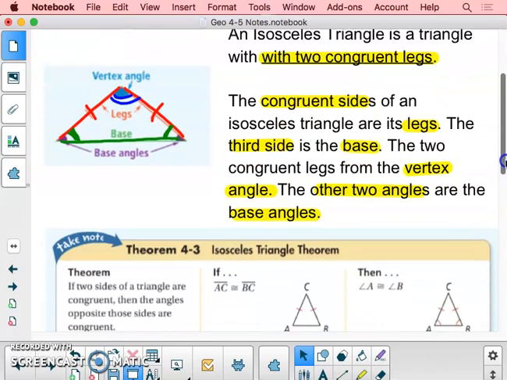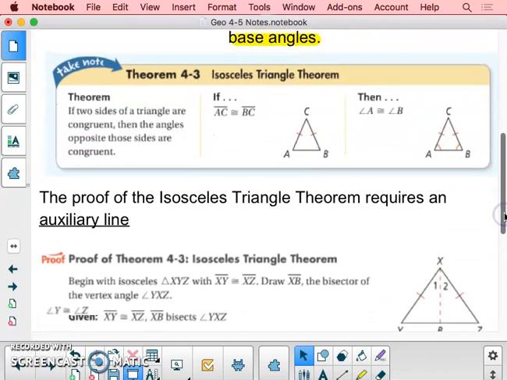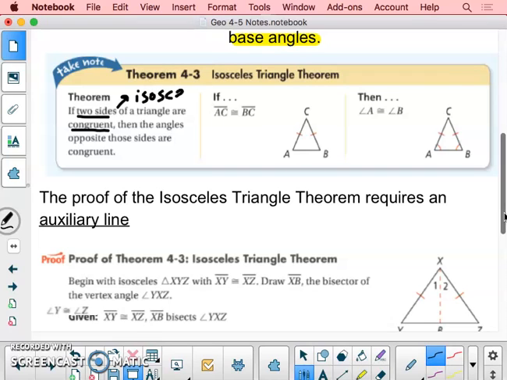All right? The isosceles triangle theorem says this. If two sides of a triangle are congruent, so this part means if you have an isosceles triangle, so in any isosceles triangle, what ends up being true is the angles opposite those sides are congruent.